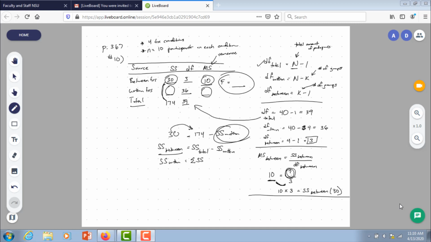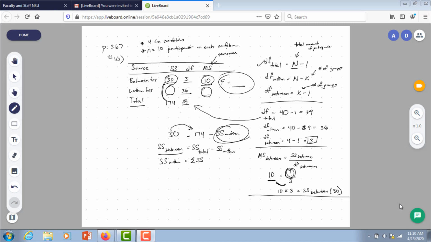And if we do that, if we take 30 from 174, our within treatment sum of squares is going to be 144. So, easy way to check yourself, folks, is just to make sure that all of your sum of squares and degree of freedom totals are the equivalent of adding up your between treatments and within treatments.